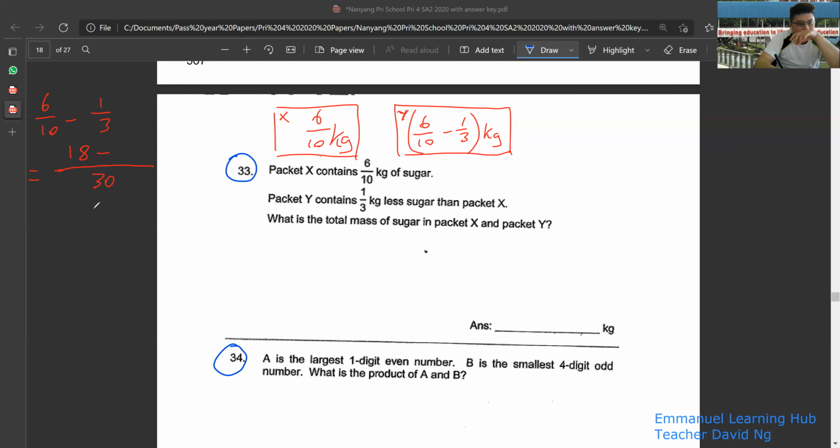How did my 3 become 30? What do you do with your 3?